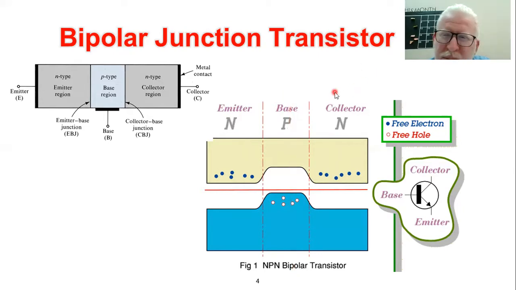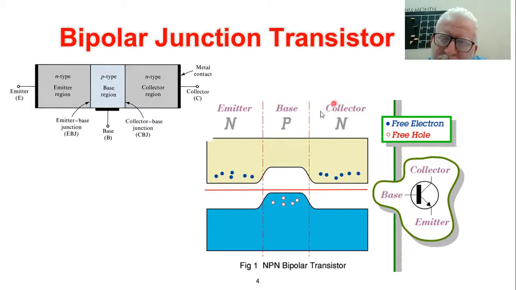Okay, so let's do it. I will start with adding a voltage between the collector and the base, and I will put this voltage in a biasing condition to make this base-collector junction in a reverse bias.